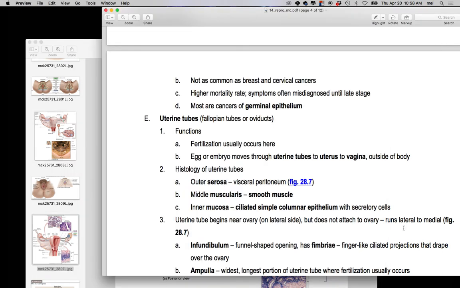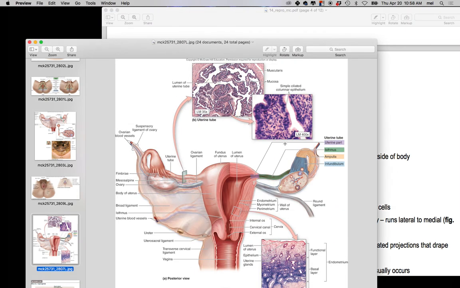Okay, so uterine tubes. The tissue making up uterine tubes. You actually kind of learned this before. So, do you remember what kind of tissue lines your uterine tubes or fallopian tubes? Ciliated columnar. Yeah, it's ciliated simple columnar. And so what happens is, again, under high levels of progesterone, those cilia are going to start to wave toward the uterus.